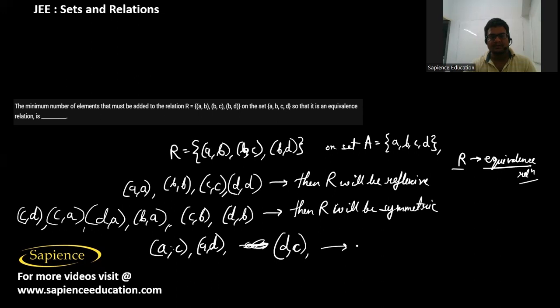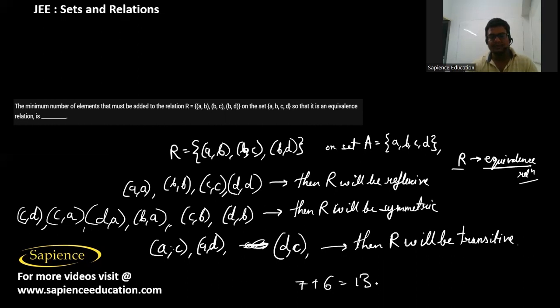So these elements also have to be added, then R will be a transitive relation also. So we have to add 1, 2, 3, 4, 4 plus 3, 7, 7 plus 1, 2, 3, 4, 5, 6, 6 elements.